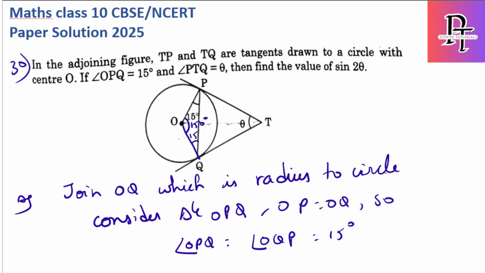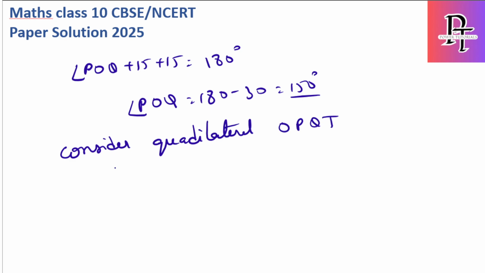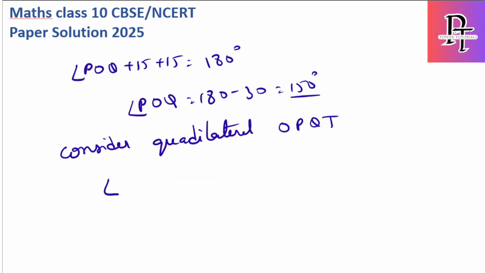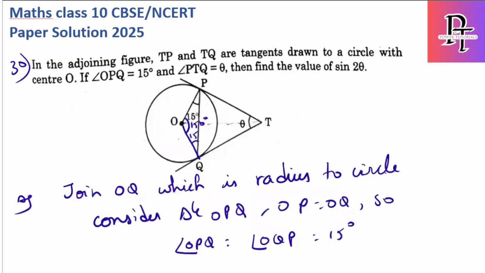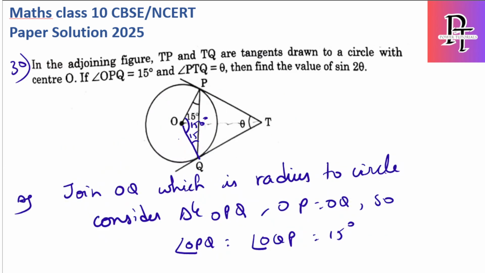Okay, now consider the quadrilateral OPTQ. I'll get 4 angles: OPT plus PTQ plus TQO plus angle QOP.